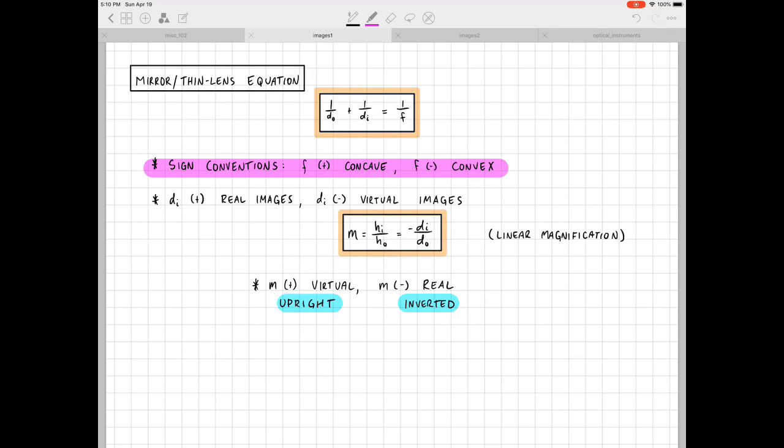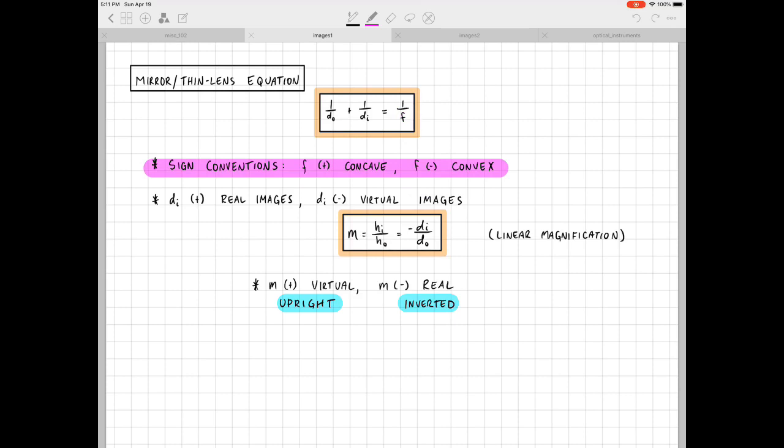However, if those parallel rays are incident on a convex mirror and those rays reflect away and appear to come from a spot 5 centimeters behind the mirror, then the focal length is minus 5 centimeters. So when you plug f into the thin lens equation, if you have a concave mirror, you're going to be plugging in a positive number for f. And if you have a convex mirror, you're going to be plugging in a negative number.